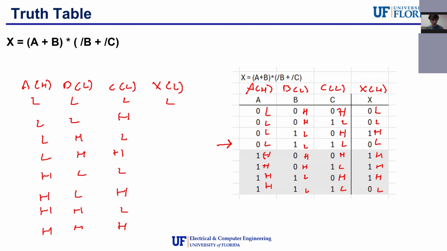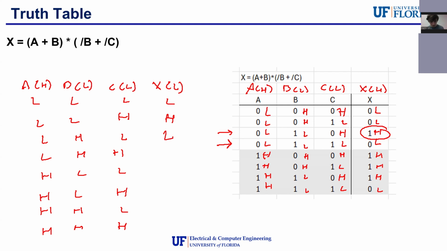Then we go through each row and find the accompanying signals. Low, low, high is right above the arrow here, and the output is high, so it gets a high. Low, high, low is the one right above it, so it's low.